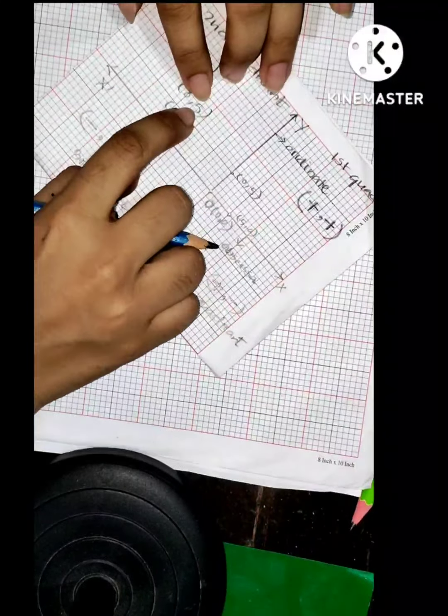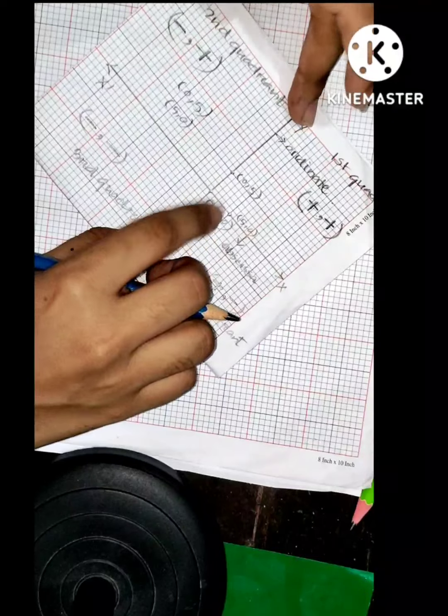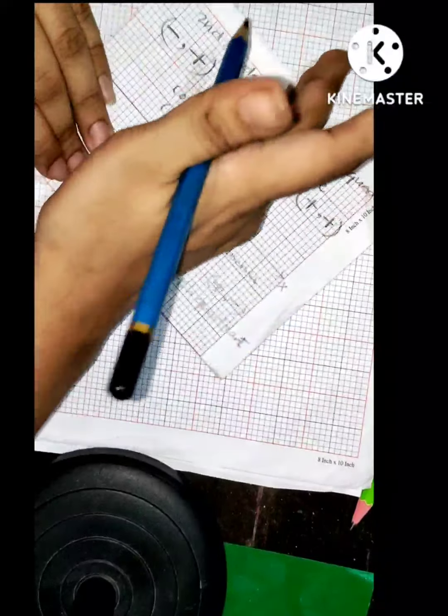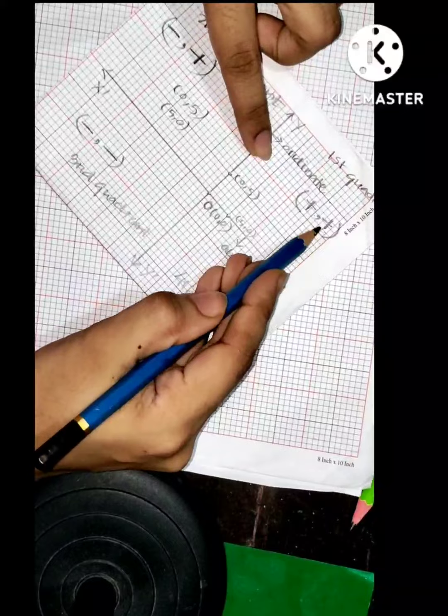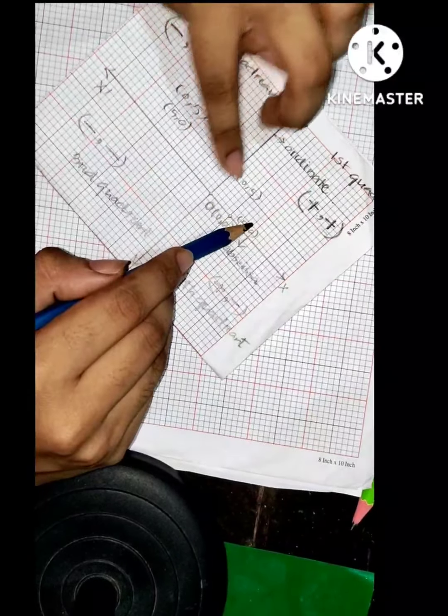See, it was plus 5, so it has gone here because in this portion the y-axis is positive, here also positive, right? So it's gone here.